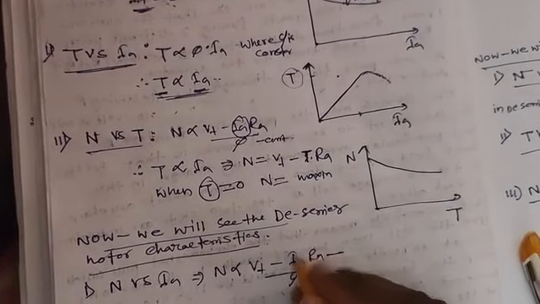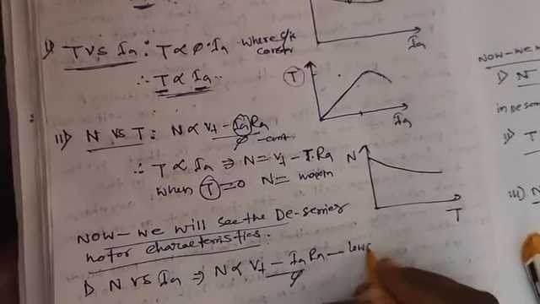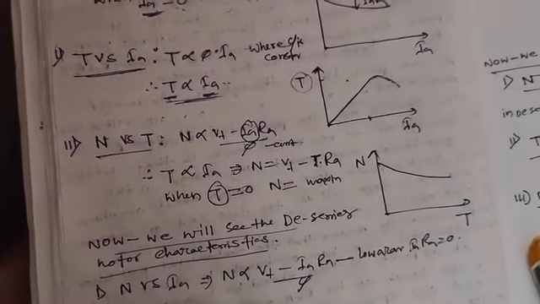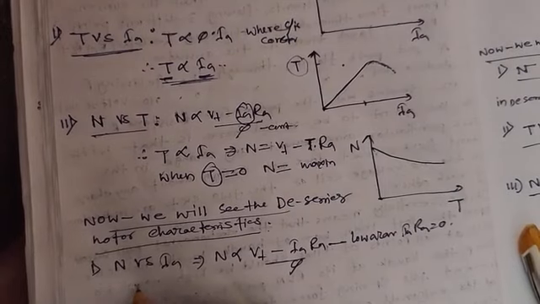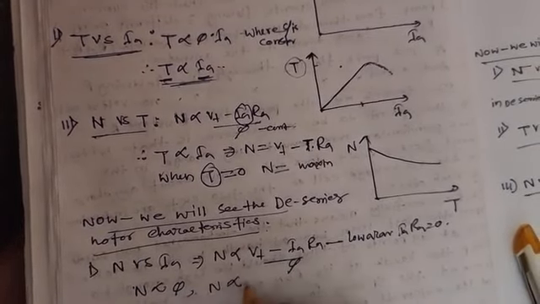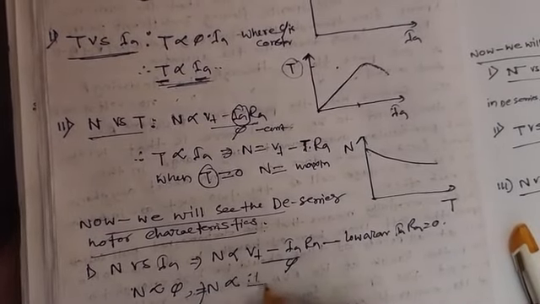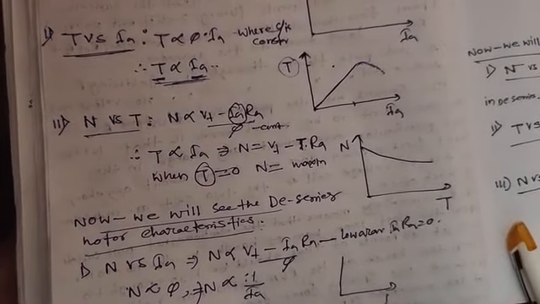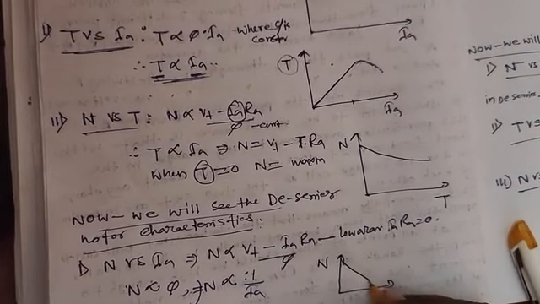The armature reaction is low, so Ia Ra is taken as 0. In a DC series connection, N is proportional to 1 by phi, so N is proportional to 1 by Ia. This is the curve.